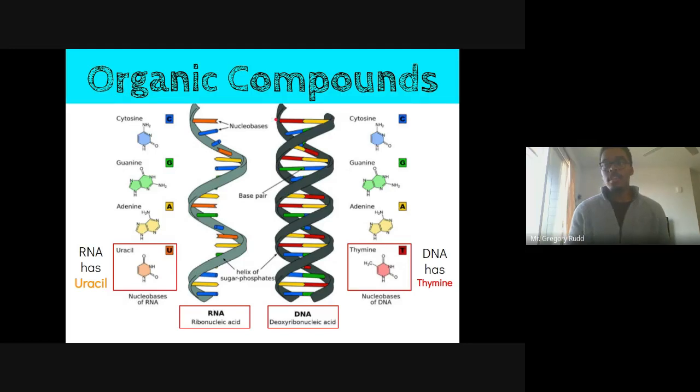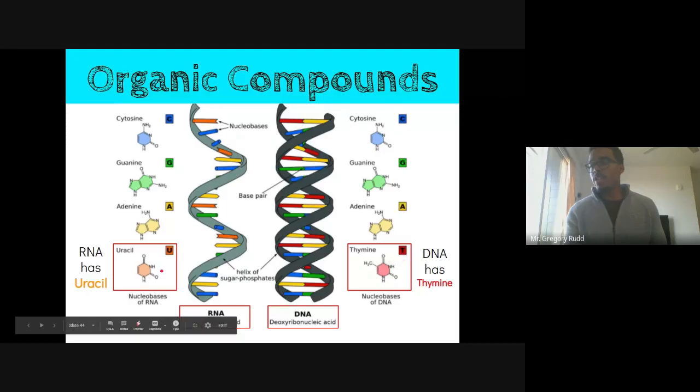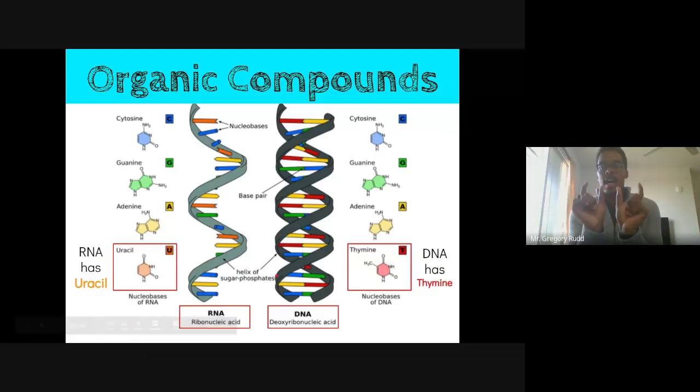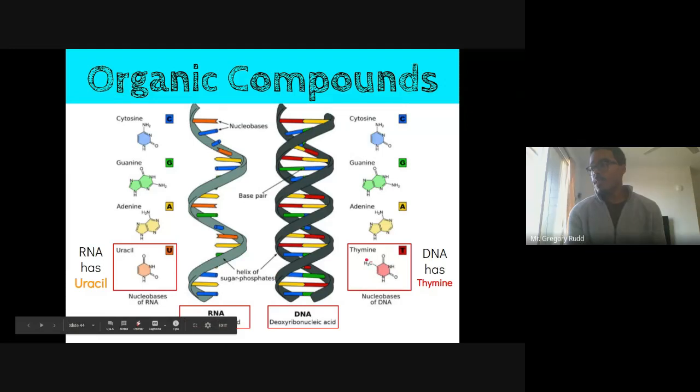Those of you who are interested in going to med school or becoming nurses or doing medical research will probably end up taking a class called organic chemistry, in which you'll study the actual shapes of these compounds. I'm not going to complicate it right now, but if we compare thymine and uracil side by side and ask what the difference is, well, the difference is right here.